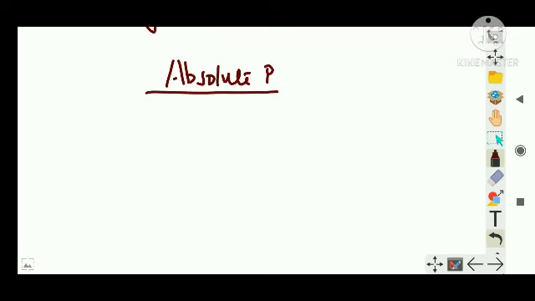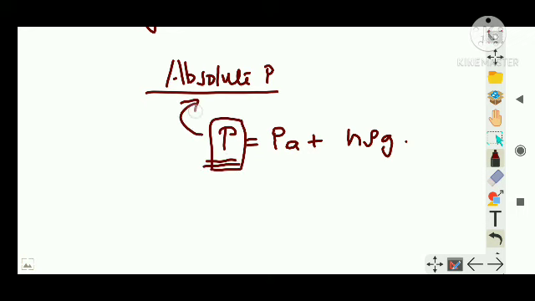Absolute pressure is defined as the pressure above the zero value of pressure. It is actually the pressure which a substance has. Suppose you have measured P is equal to PA plus H rho G, and here you call it the pressure of the system. This pressure of the system is actually termed absolute pressure.